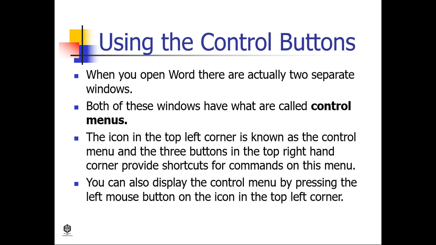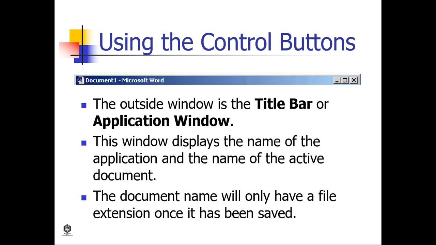You can also display the control menu by pressing the left mouse button on the icon in the top left corner. The outside window is the title bar or application window. This window displays the name of the application and the name of the active document. The document name will only have a file extension once it has been saved.